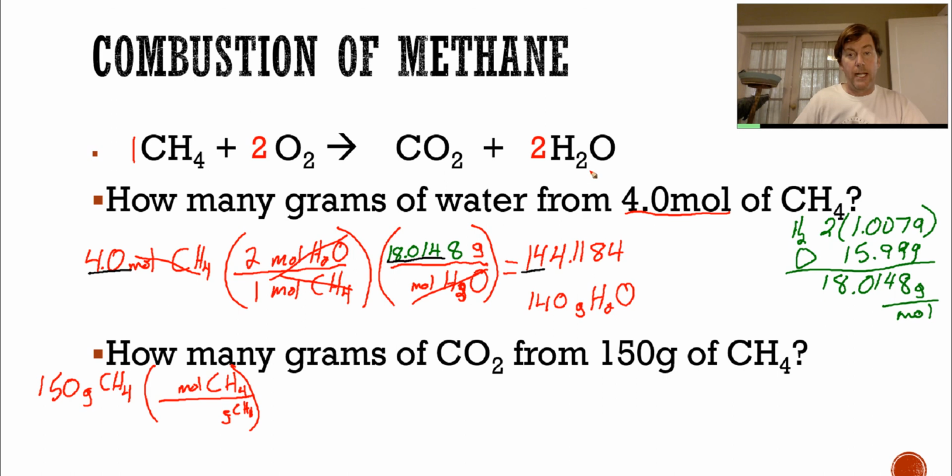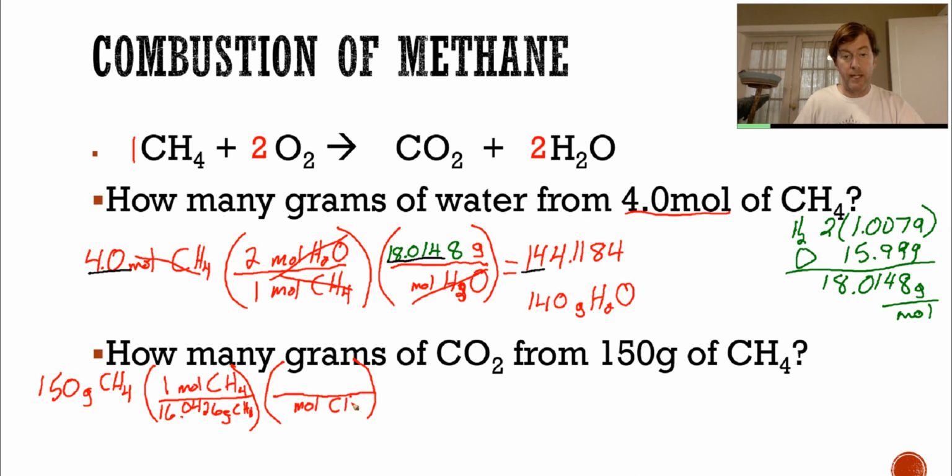So counting those up from the 1 carbon, 4 hydrogen, that should be 16.0426 grams for every 1 mole. Remember, it's always 1 mole when we're talking about molar mass. Well, my second step, now that I have moles of A, so that was grams of A to moles of A, now I want to go from moles of A to moles of B. So what do I want on the bottom?